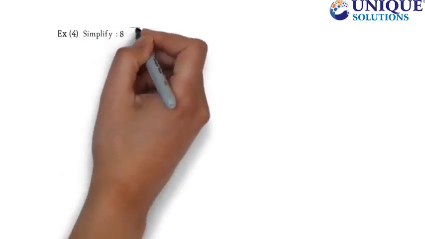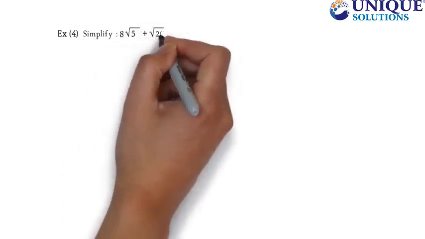Example 4. Simplify 8 square root of 5 plus square root of 20 minus square root of 125.